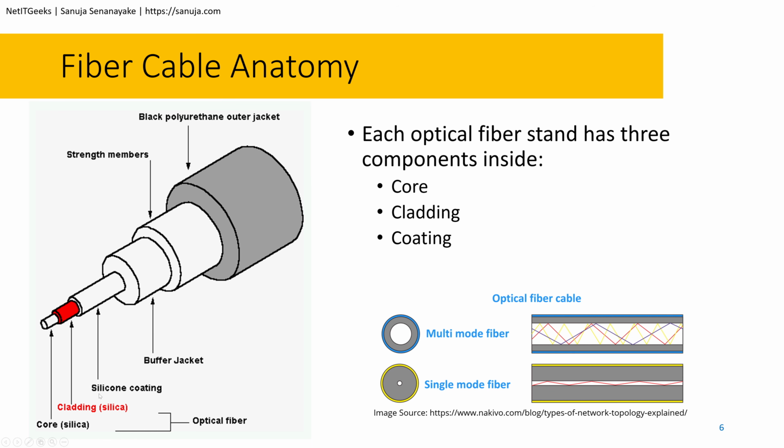Then we have the silicone coating, and then we have the buffer jacket, and then we have the strength members, and finally we have the polystyrene outer jacket. But this polystyrene outer jacket may be made out of different materials depending on where this cable will be used.